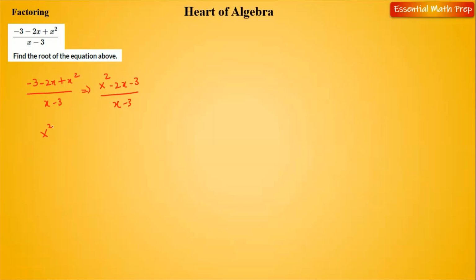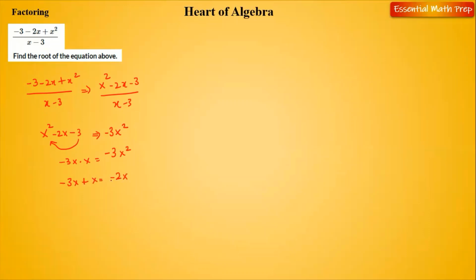So let's actually solve the numerator, because the denominator is rather simple. So we want negative 3x squared, right? That means we can only get one way, which is negative 3x times x equals negative 3x squared, right? That means negative 3x plus x equals negative 2x.